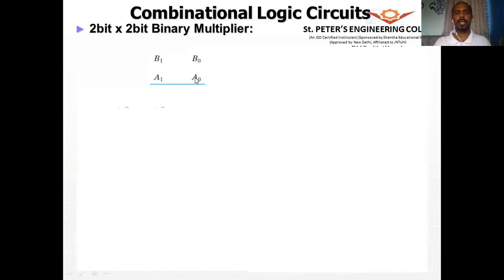Then we get the product of these two, which is the first digit. Next, we multiply A0 with B1, right? So A0 has to be multiplied with both the digits. A0 B0 is one product and A0 B1 is another product.